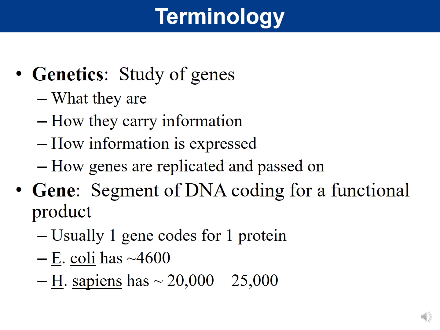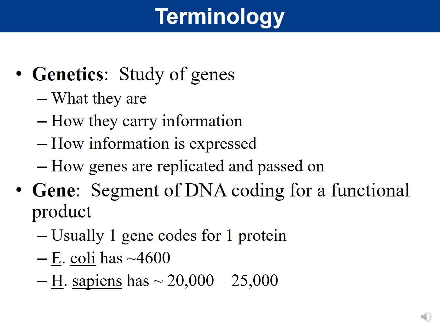And so, again, a gene is a segment of DNA that codes for a functional product. So it could be a protein, it could be RNA, it has to be some sort of functional product. Usually, one gene codes for one protein. Now, there are some exceptions to this, but as a general rule, usually one gene codes for one protein.